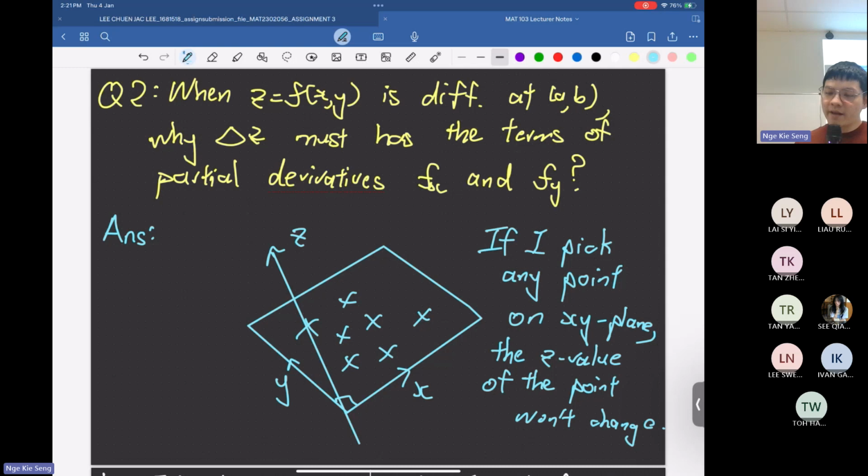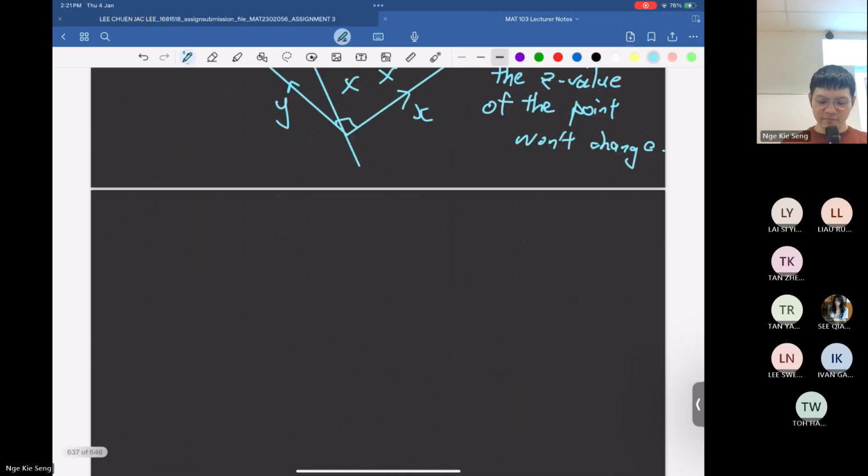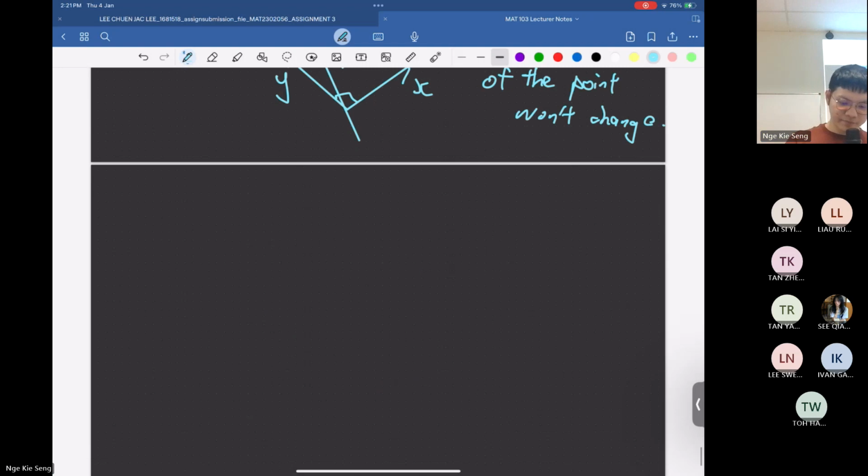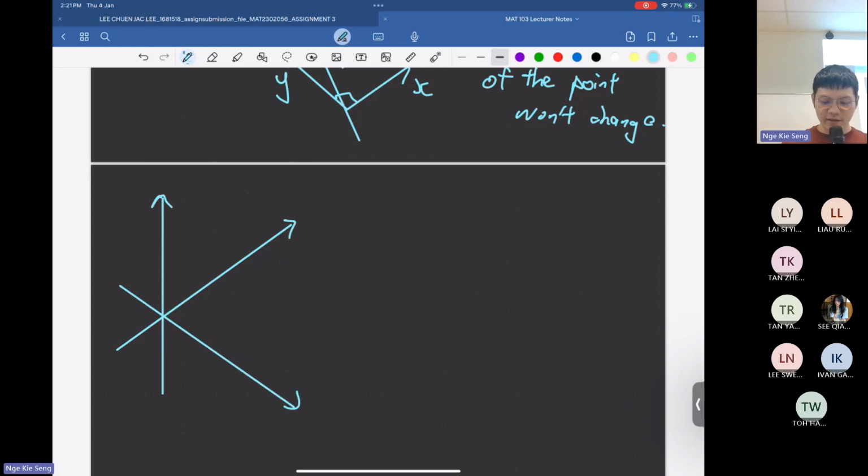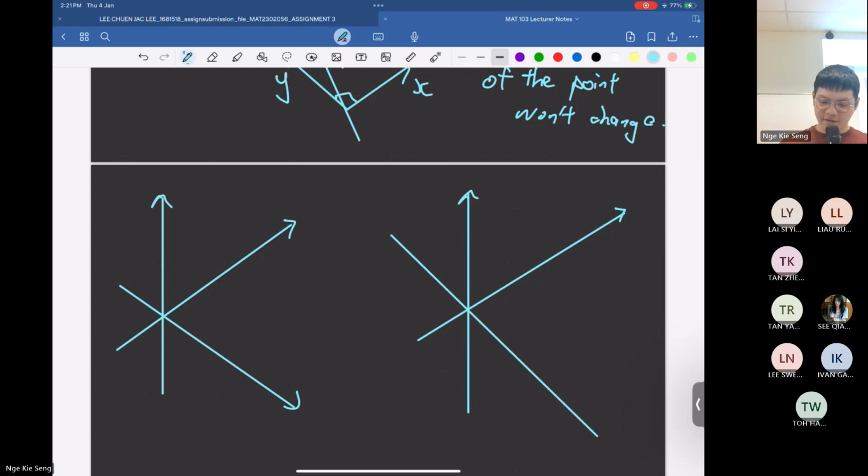So what kind of surface will you get a height change? What kind of surface? You will get a height change when you move in x and y. Can you imagine? I just tilt my plane like this.